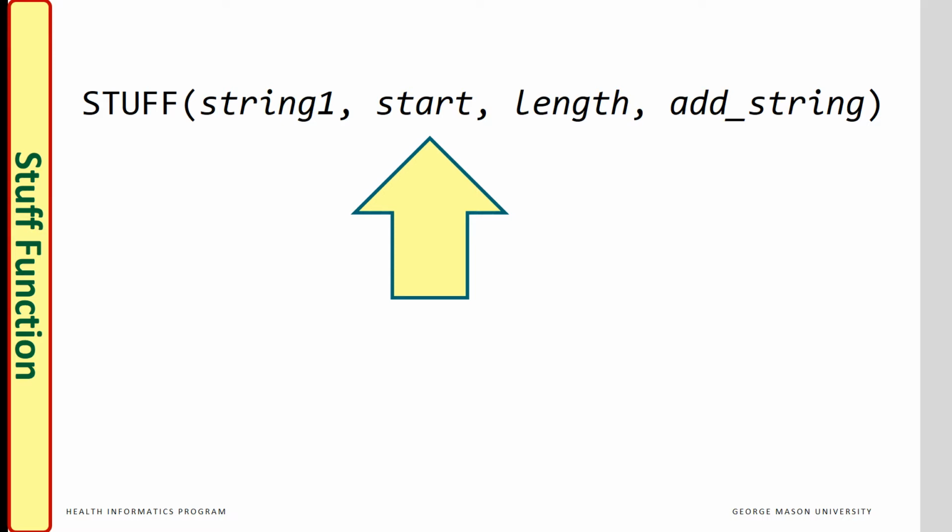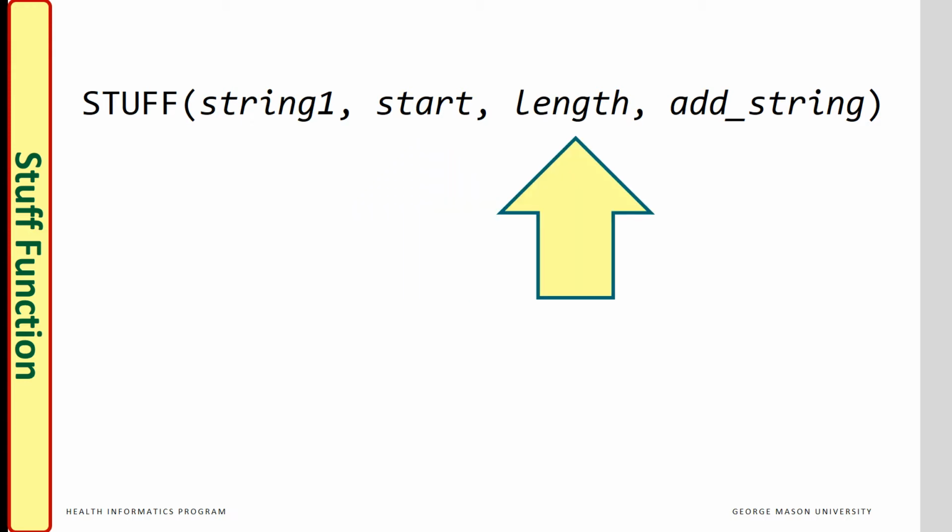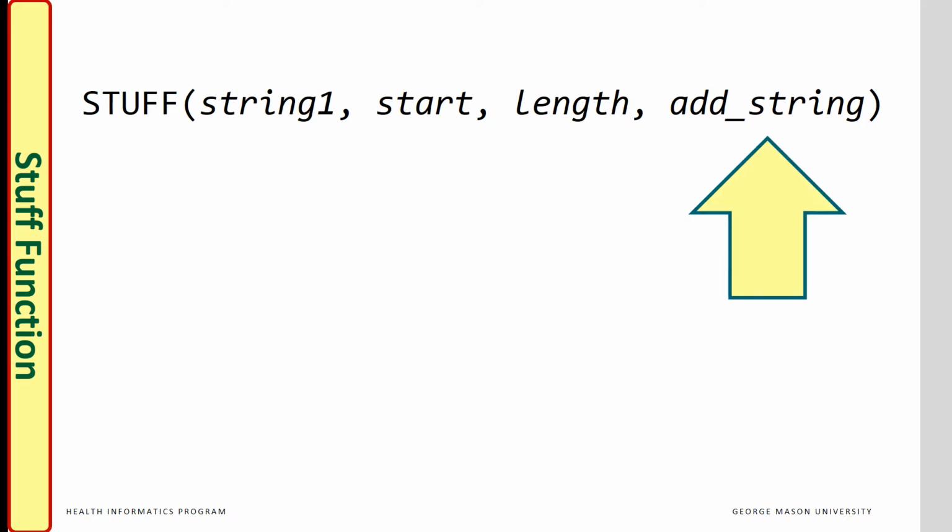The integer indicates where in the string field we would like to make the change. The third parameter of the function is the length of the characters that we want to delete. The last parameter is a string that we wish to insert at the starting point of the previous deletion.